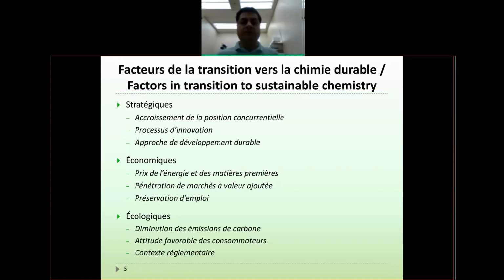It's a fossil fuel. But bio-based, we are talking about, for example, biomass. So there are different factors that impact this kind of transition. And this transition can be a sustainable transition because we are talking about biomass, which is a renewable energy source.